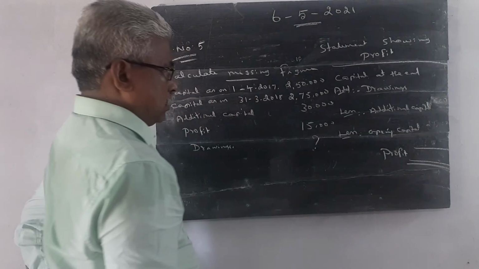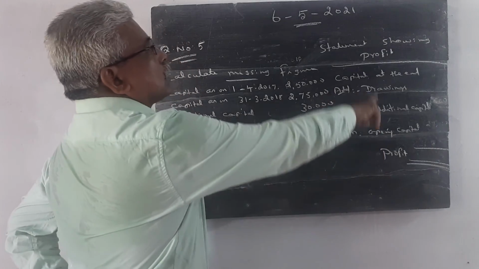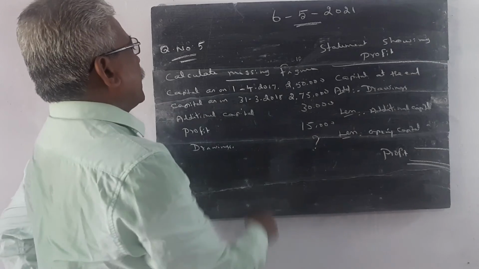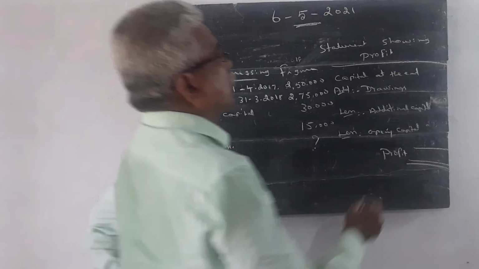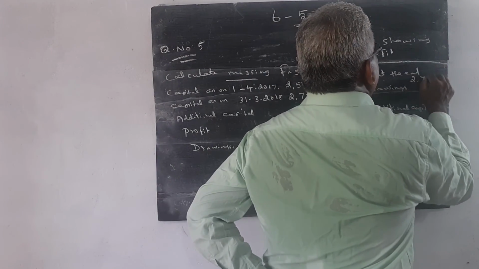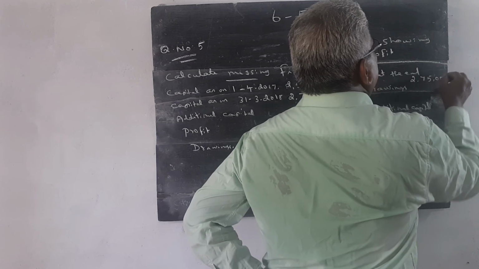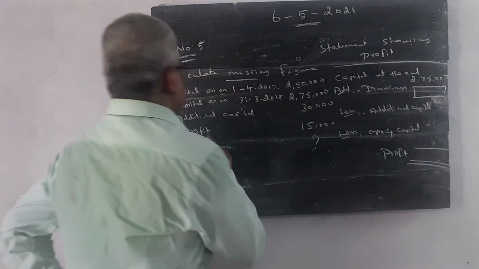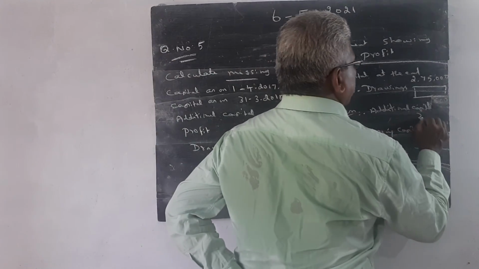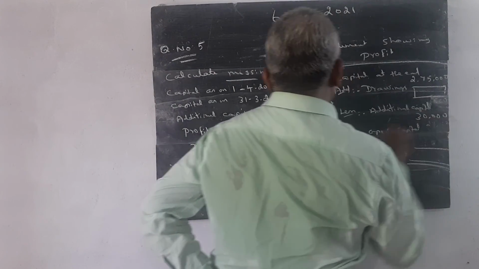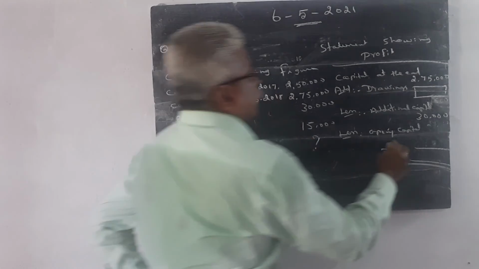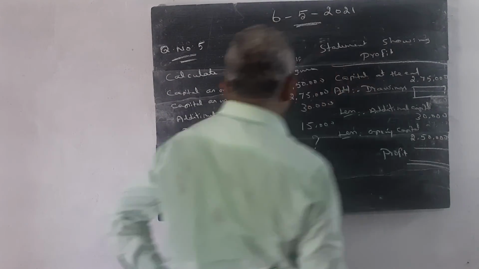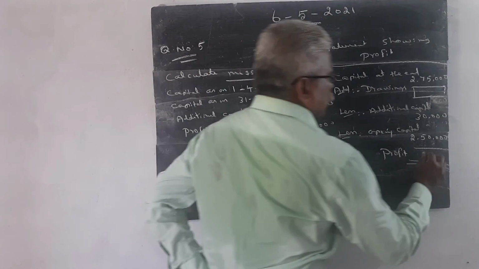This is a format, this is a formula. We write all the given information one by one. Capital at the end is 2,75,000. Calculate the value of drawings. Additional capital 30,000. Opening capital 2,50,000. Profit is equal to 15,000.